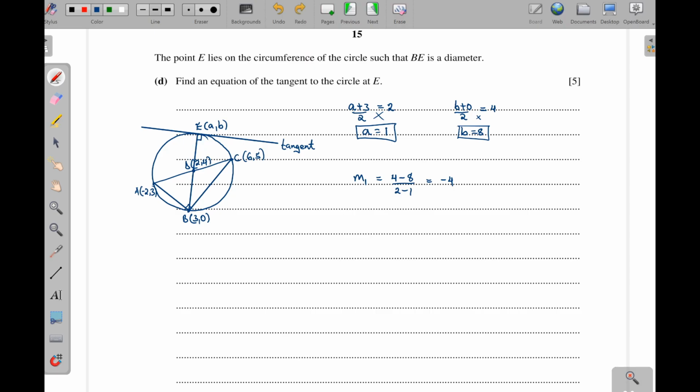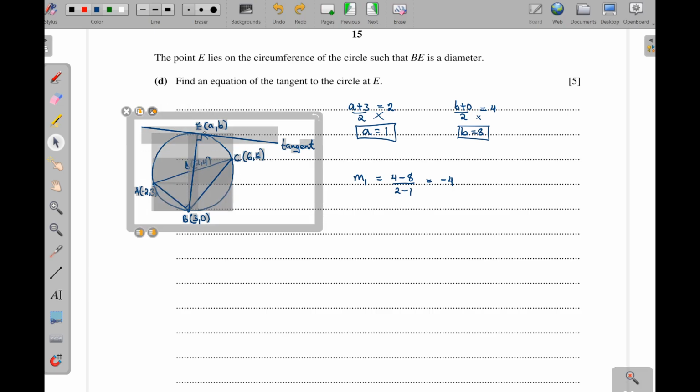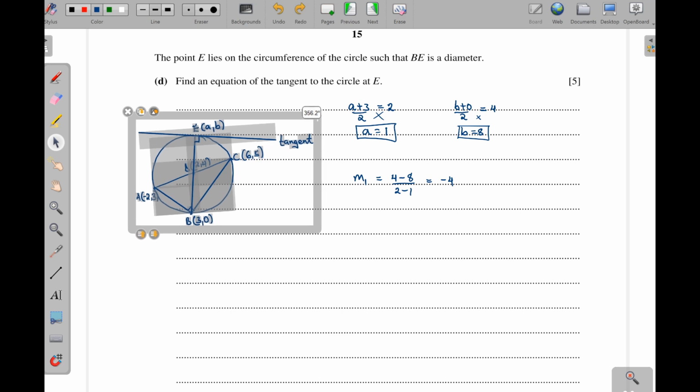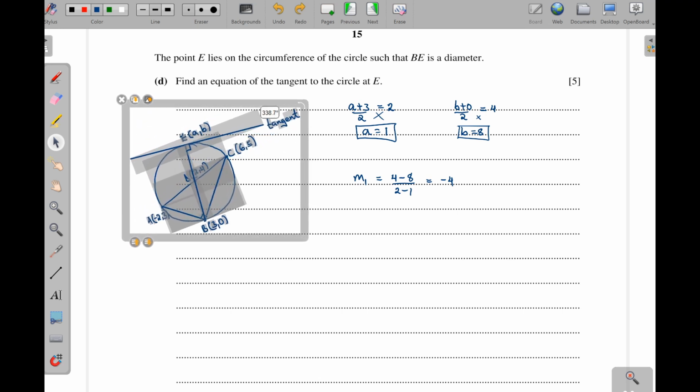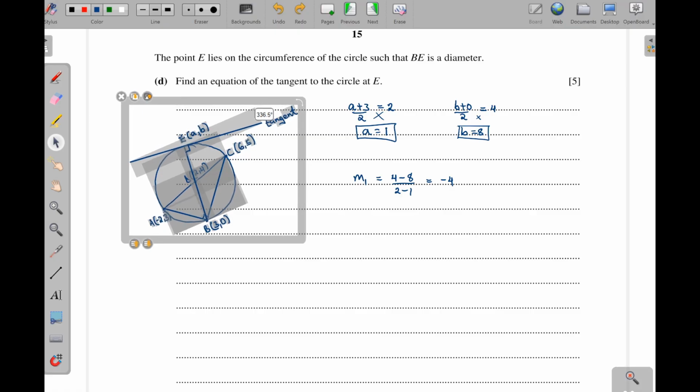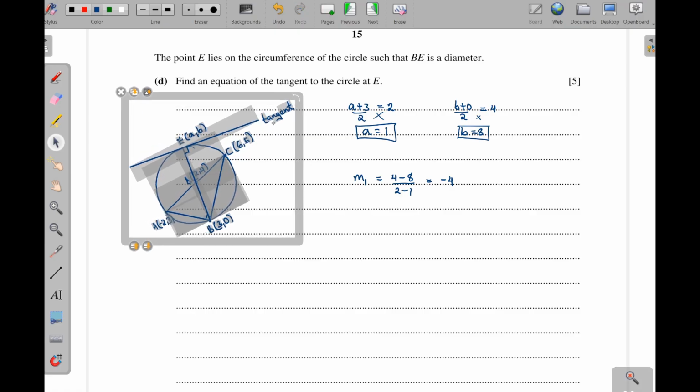So I told you this one is just a rough sketch. That means this diagram of mine here, I can rotate it a bit, maybe like that, such that the diameter or the radius have a decreasing gradient.